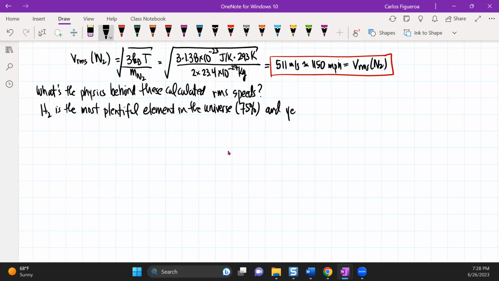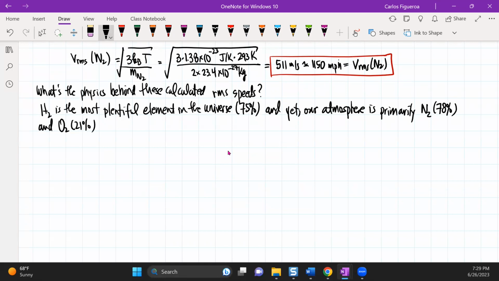And yet, our atmosphere is primarily nitrogen gas, which is 78%, and oxygen gas, which is 21%.